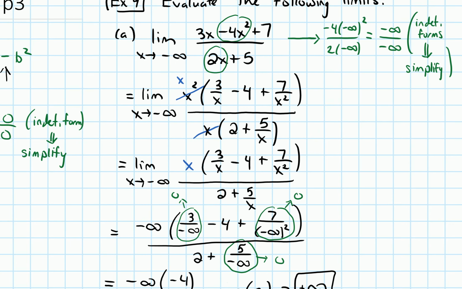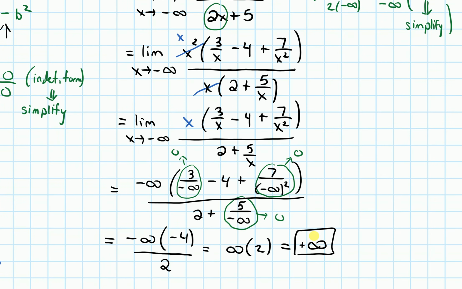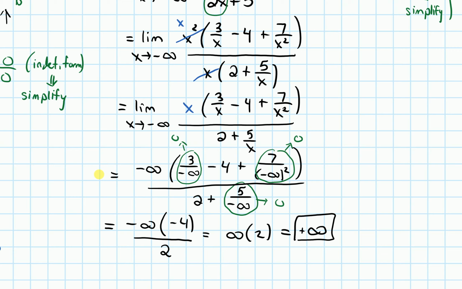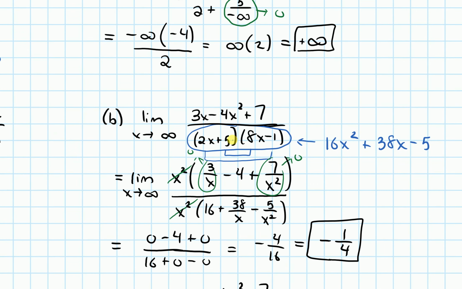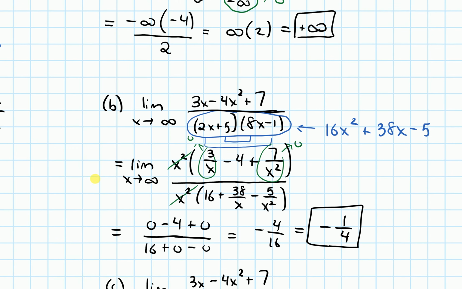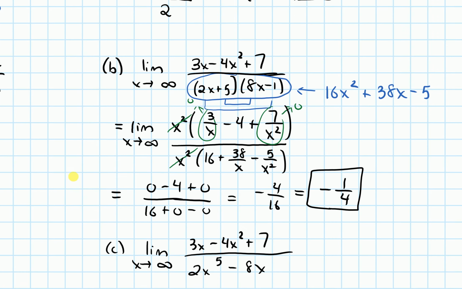So this infinity over infinity type indeterminate form could give me infinity, like we saw here. In part B, both the top and the bottom are going to be some type of infinity, either positive or negative, if we were to just plug into them. But that indeterminate form could be a finite number, like negative 1/4. So that's interesting. And then now let's do one more example.